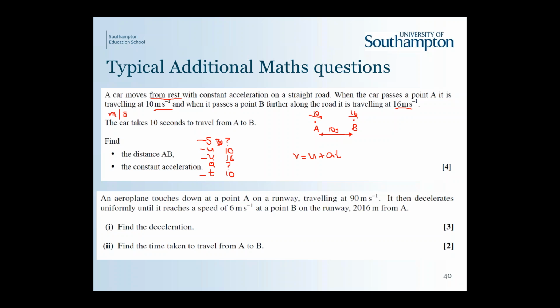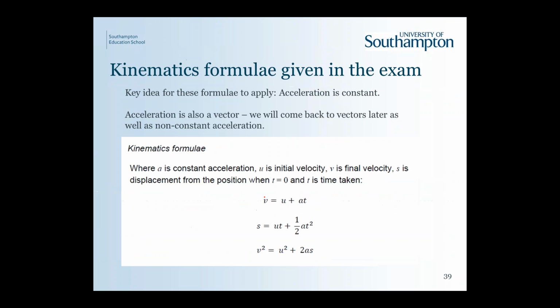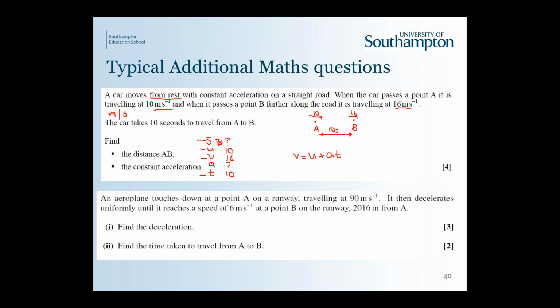But it's that ability to check what they've got and check it against these. So they're like, oh, I've got V, I've got U, and I've got T, so I could use that one to find A. And then when I've got that, I'll be able to find S. Or equally, you'll have all of those ones, but it's not very nice because I'll have to rearrange that. So it makes sense to always use the one that's easiest.